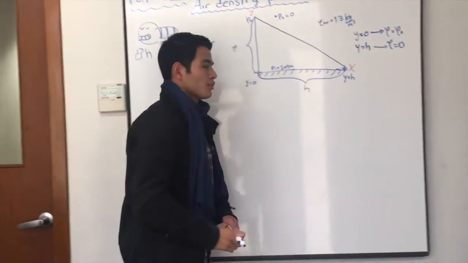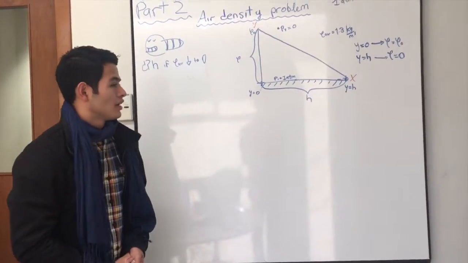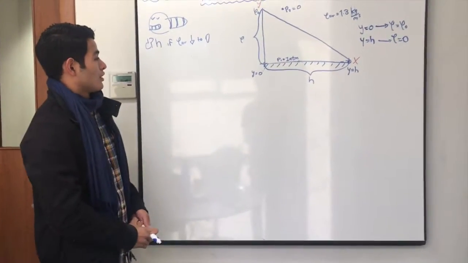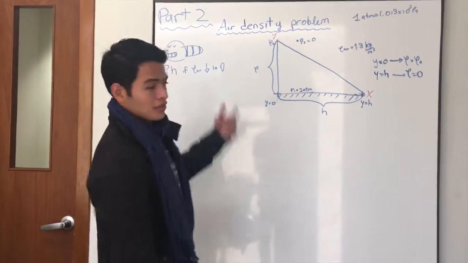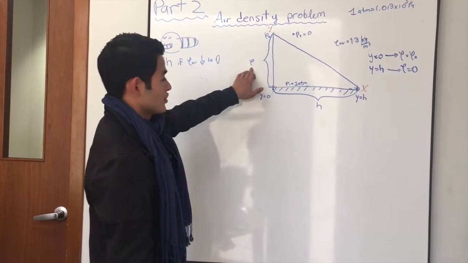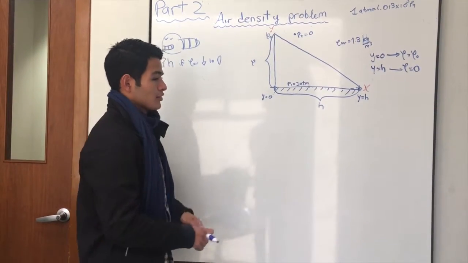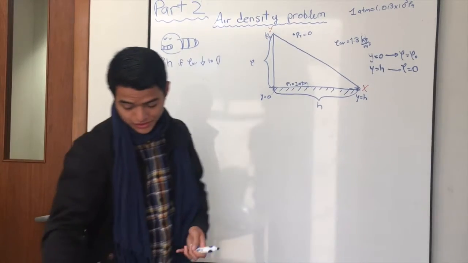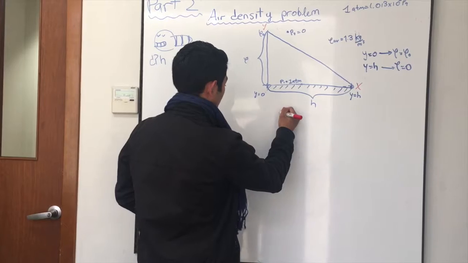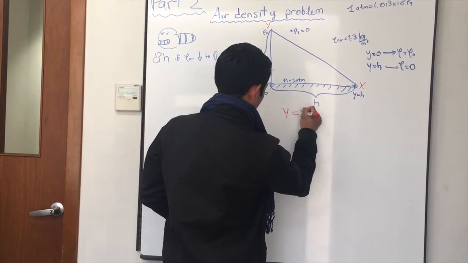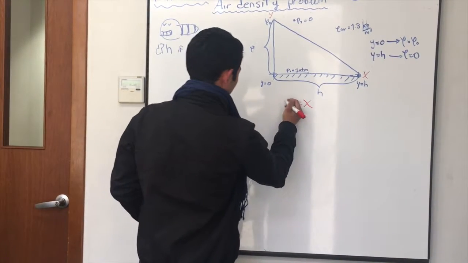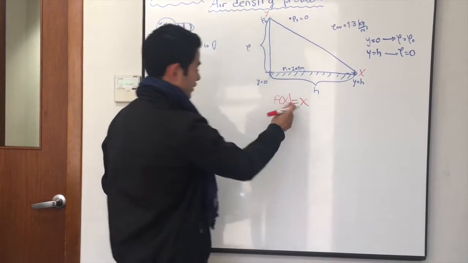So now what we need to do is to find an equation for this. Just as an observation, in the y-axis we have the density, but remember that the y-axis can be rewritten as a function of x.